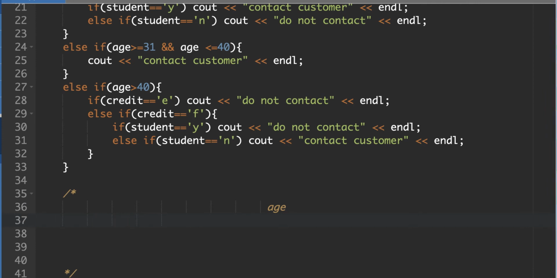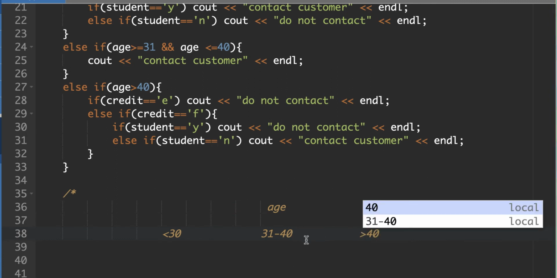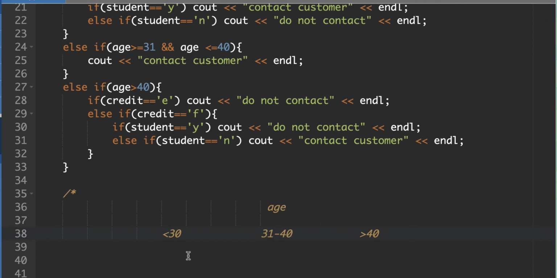So if they are under 30, I'll put the options for that here. If they are, let's say, 31 to 40, I'll have a series of options down the middle. I feel like bumping this down a line. And then if they are over 40, I'll have the options under here.